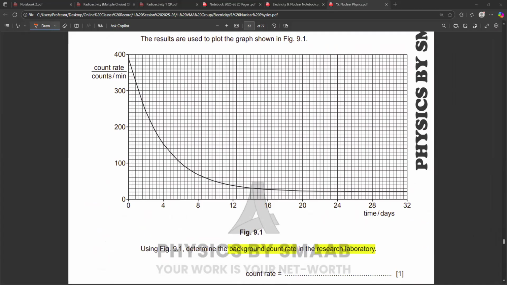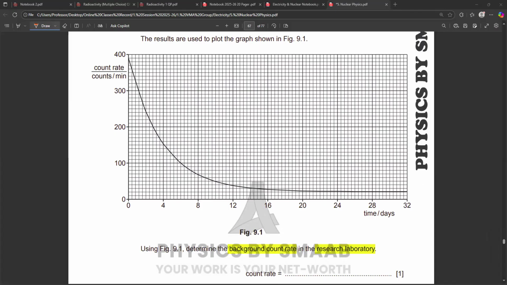So the answer is very simple to identify from this graph. Always remember when radioactive elements start to decay, because of the decay the value starts to decrease and moves towards zero, right? 100, 50, 25, then 15.5 something. So it is moving towards zero.